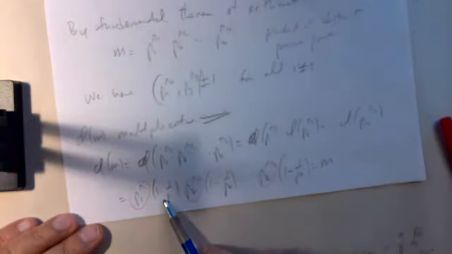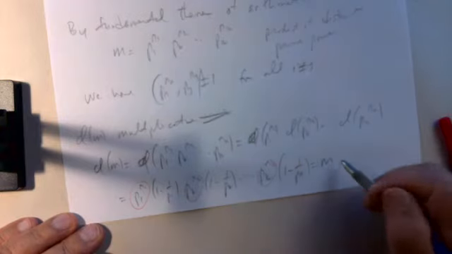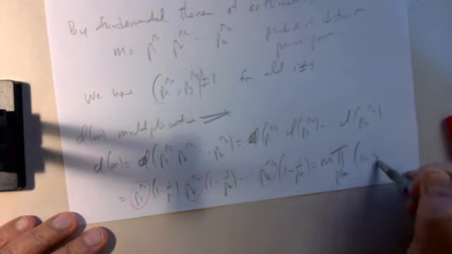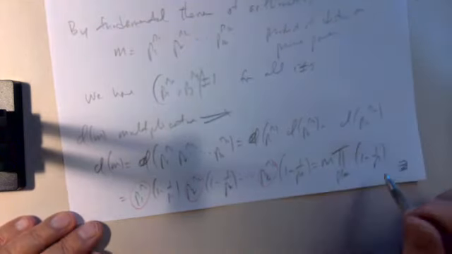And then I have this product, 1 minus 1 over p1, 1 minus 1 over p2, and so forth. These are exactly the primes that divide m. So this is the product over all primes dividing m, 1 minus 1 over p.